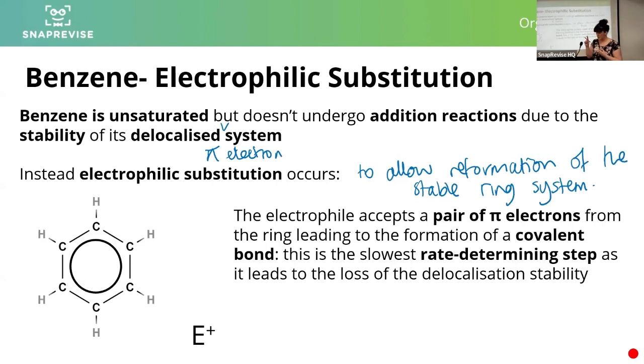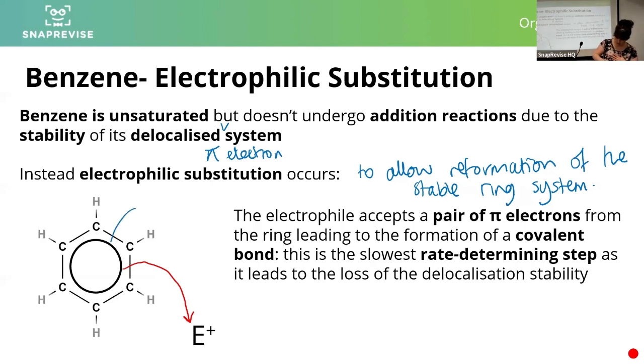Notice the electrophile is positive. I'm going to come back to that in a minute, but we have an approach of an electrophile. A pair of electrons from the delocalized ring system are attracted to the positively charged electrophile, and so move across towards the positive electrophile to make a bond with it. Let's write that down.